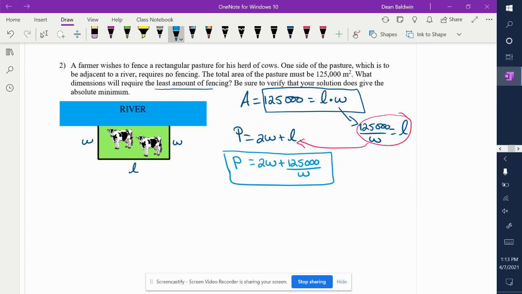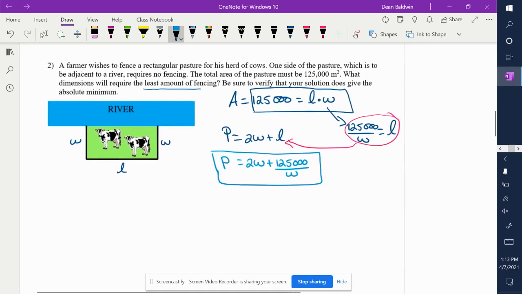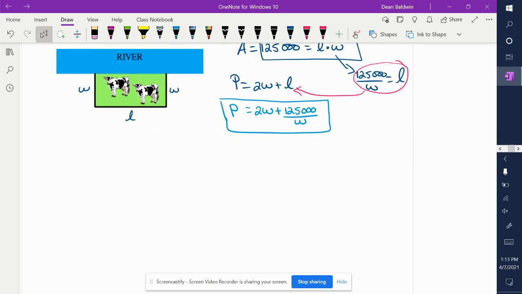Okay. So there's your equation. How many variables are in this equation? One. This is what we want to derive because it's only got one variable.